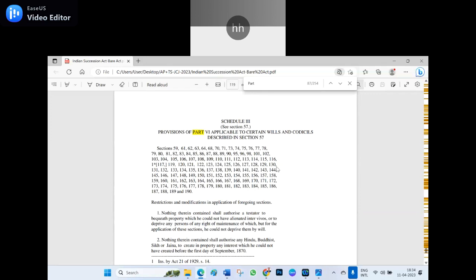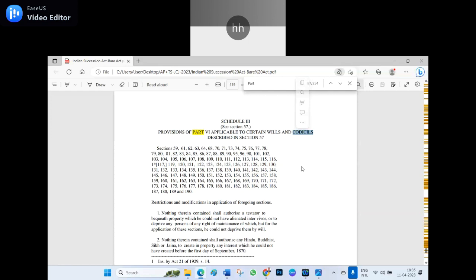What is meant by codicil? Supplementary question. What is meant by codicil? C-O, see here. Codicil means will, sir. Then what is will? Will is not testamentary. Codicil is testamentary. A supplement of the will is a codicil.